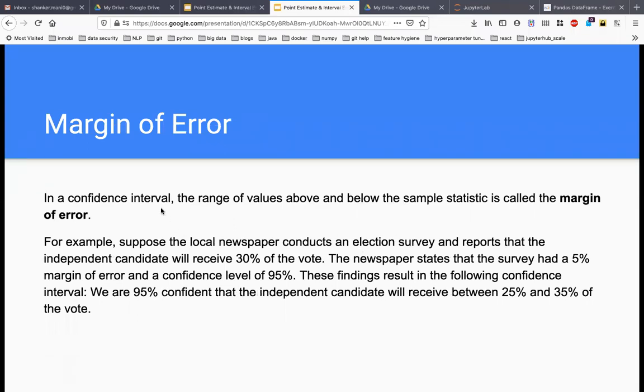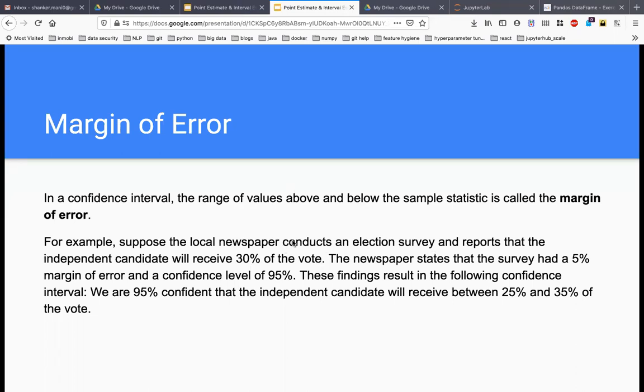In a confidence interval, the range of values above and below the sample statistic is called the margin of error. For example, suppose a local newspaper conducts an election survey and reports that the independent candidate will receive 30% of the vote.